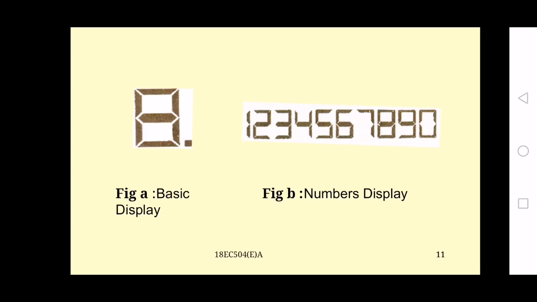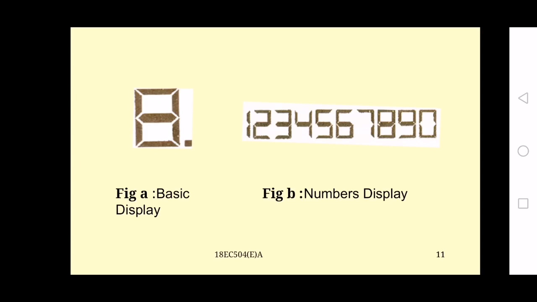A 7 segment display means you have a total of 7 segments. All 7 segments are completely on in the case of the number 8. The number is divided into a total of 7 segments, and each line has one segment. If all the LEDs are on through the decoders, then you get the number 8.